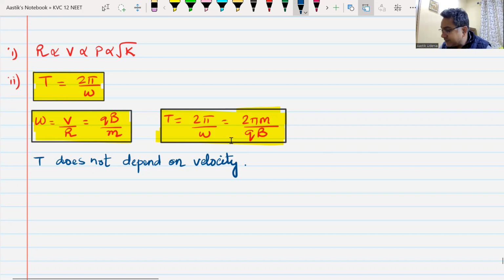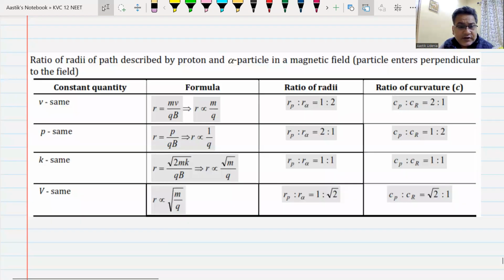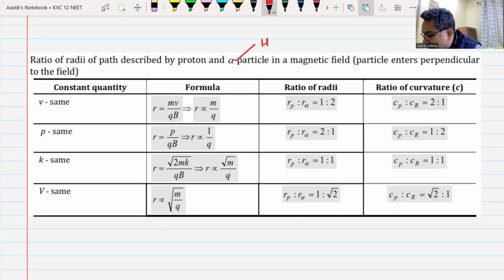Anyone has any idea what is an alpha particle? Proton, everyone knows what is a proton. An alpha particle is a helium nucleus. It is the nucleus of the helium atom.